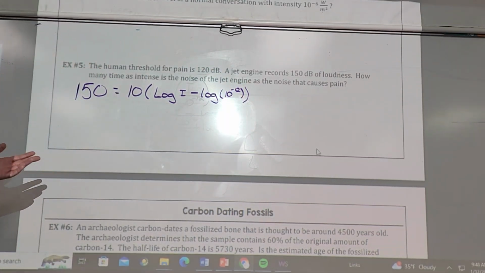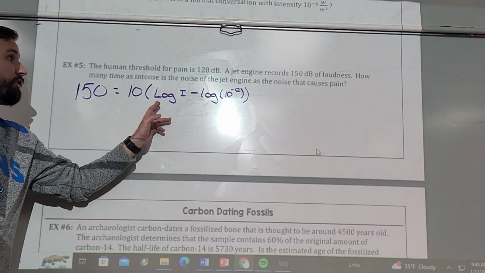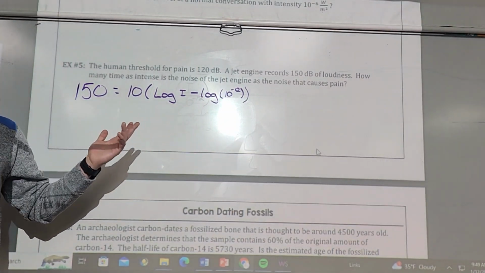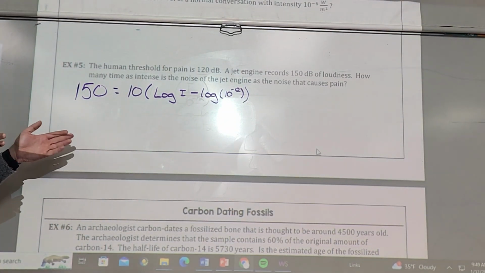Why can I jump right here? It's going to be the same equation, right? If you guys don't see why I did, I can go through and do it. I actually could even skip further ahead and said it's log of I plus 12, right? I could have done that because I know they're the exact same equation.